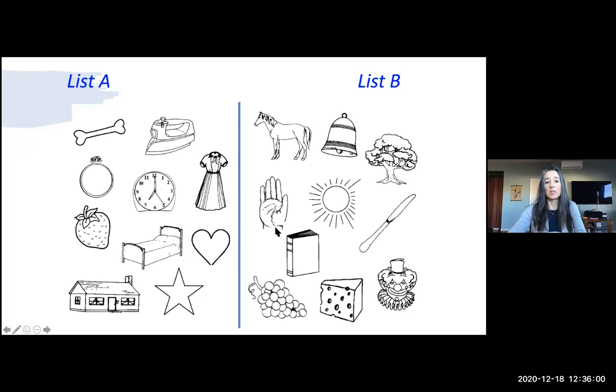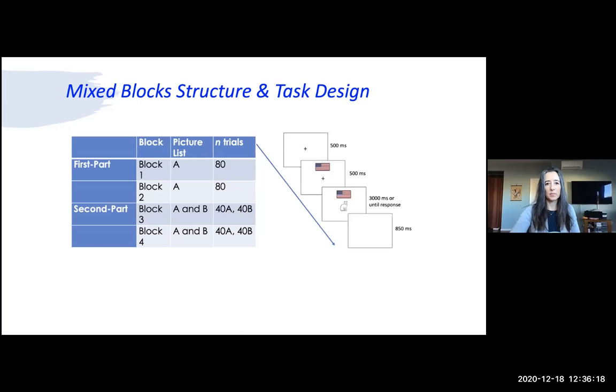If it's something very specific to the set repeating over and over, we should see bigger inhibition for the set that they saw initially than for the new set of pictures. And which set of pictures was shown first was counterbalanced between subjects.